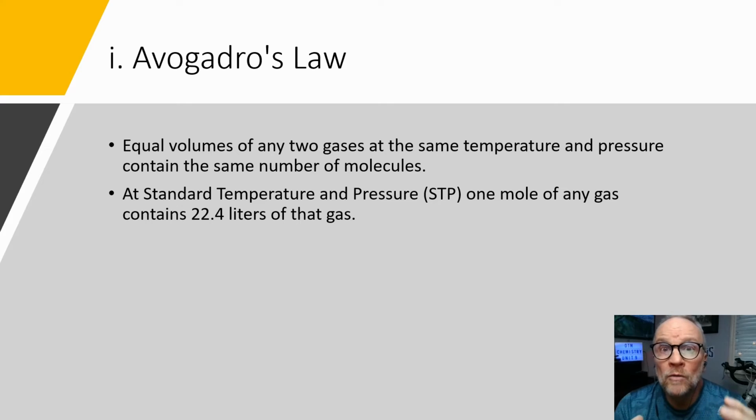And when we have moles of the gas under these conditions, we can change it into a volume. The standard temperature and pressure is 0 degrees C and 1 atmosphere of pressure. We'll talk more about exactly what pressure means in the following set of slides.